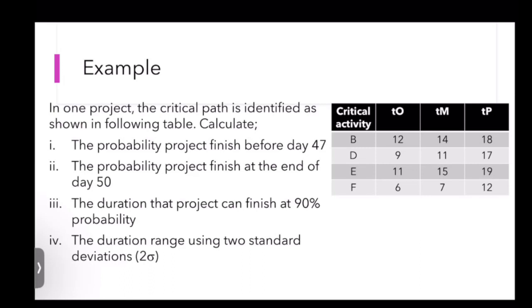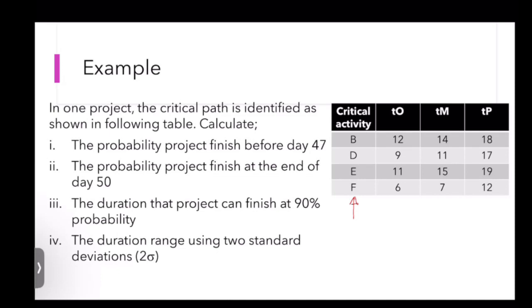Okay, I would like to remind that PERT calculation only uses critical activities. So if you have one complete project, you have to calculate the durations using the CPM method and identify the critical activities.